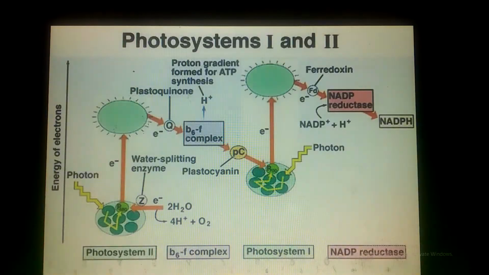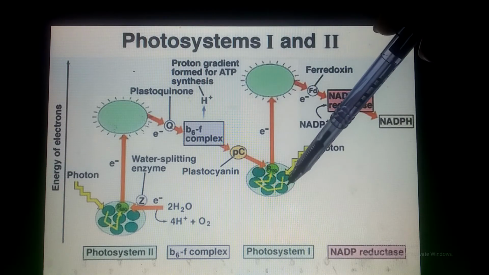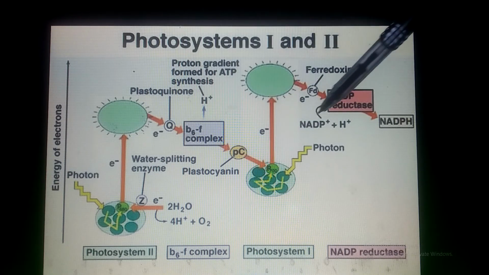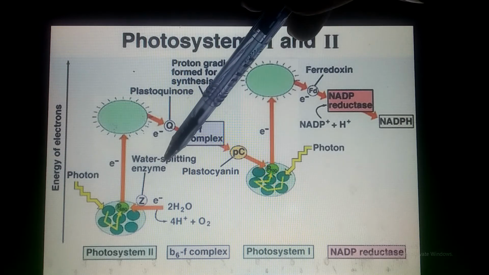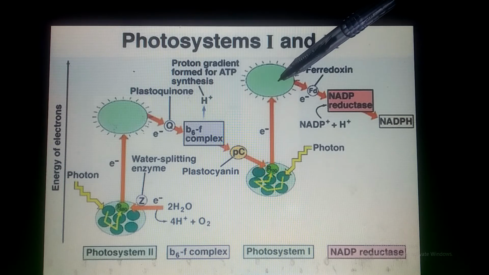Okay. Now, this is the Z scheme. You can see here the path of the movement of the electron. This light reaction is the non-cyclic photophosphorylation. You can see here the electron moves in a non-cyclic way, not in a cyclic way.